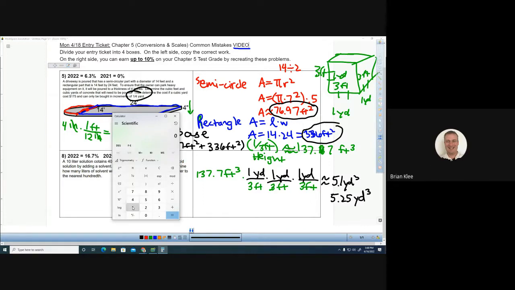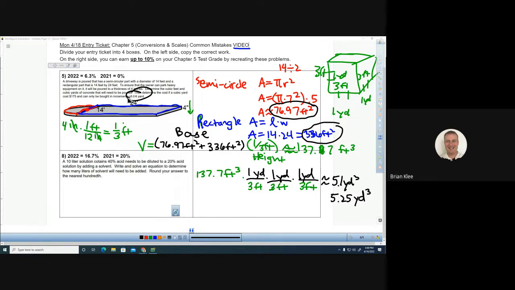Or I do the math. 3 times 3 is 9. 9 times 3 is 27. So I could also divide this by 27. They all give me 5.1 cubic yards. The directions say we can only buy in increments of quarter yards, so I'd have to buy 5.25 cubic yards. And each of those cubic yards costs $175.